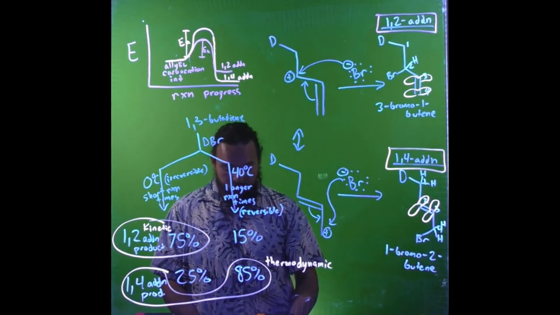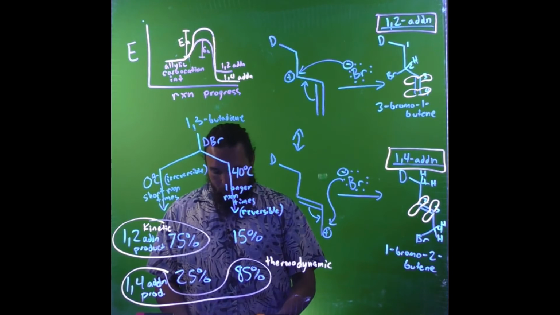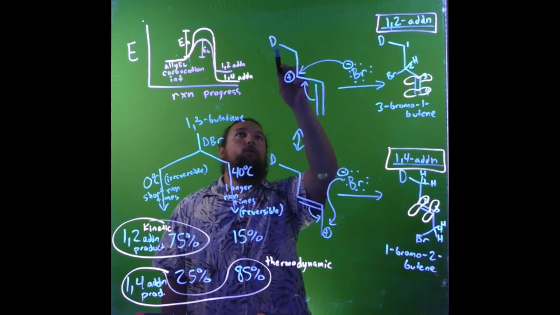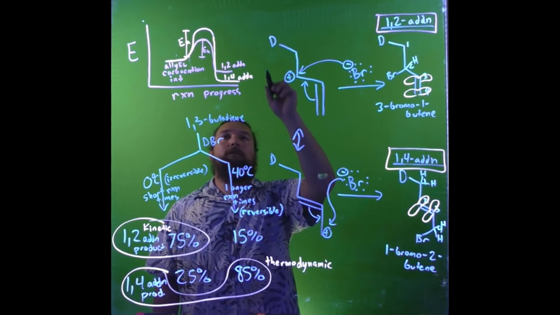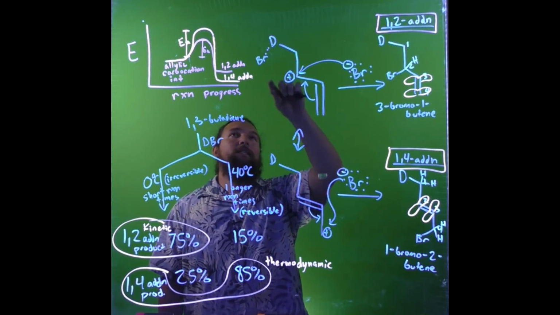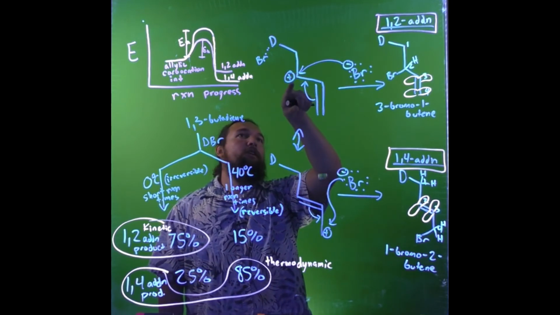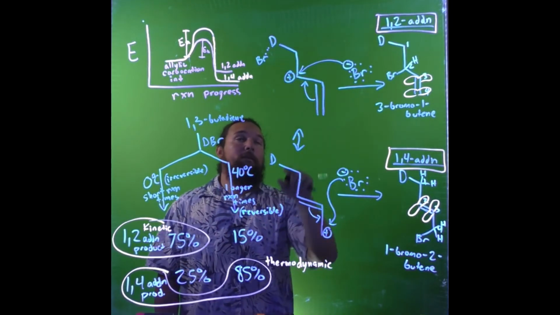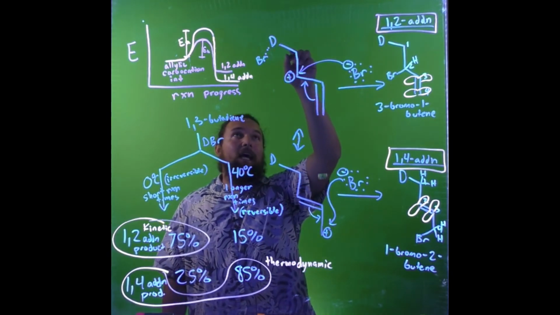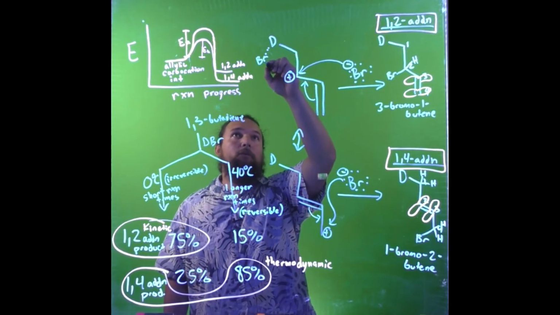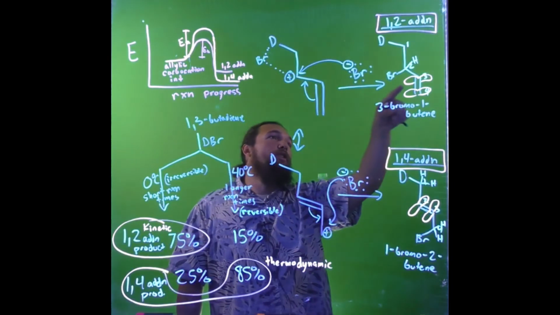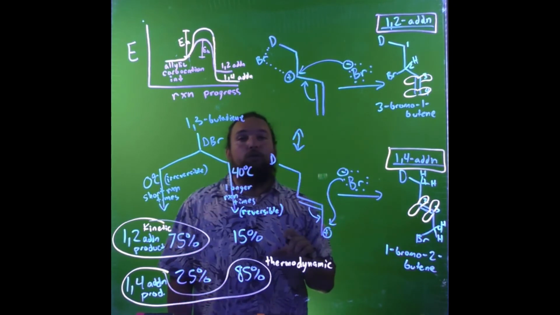This was a very good observation, but some people argued that with the addition of DBr in the initial reaction, the reason the bromide adds to the 2 position over the 4 position wasn't the lower energy of the transition state. Rather, when the deuterium adds to position 1, the bromide is in closer proximity to this carbocation, so it simply adds 1,2 over 1,4 due to proximity.